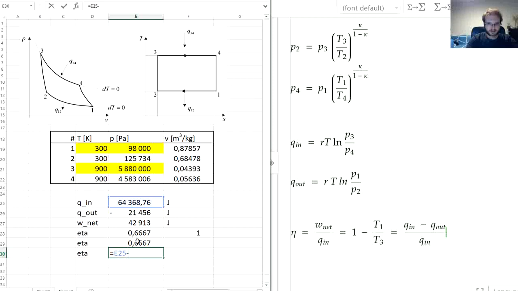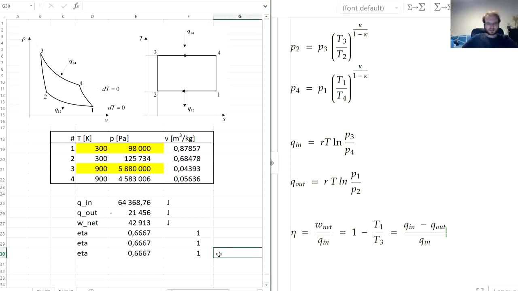So absolute of heat output, and divide it by the heat input, and you still get the same result.